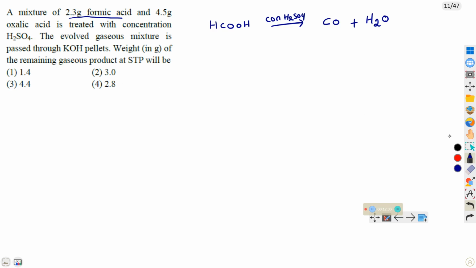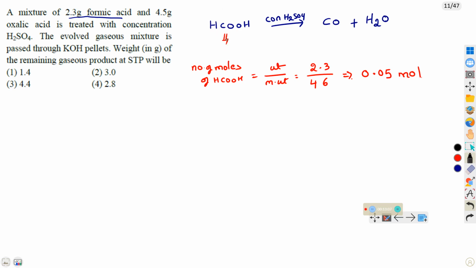Now 2.3 grams of formic acid. The weight is given. First of all, calculate the number of moles of formic acid. Number of moles of HCOOH is equal to weight by molecular weight, which is 2.3 by 46, that is 0.05 moles.